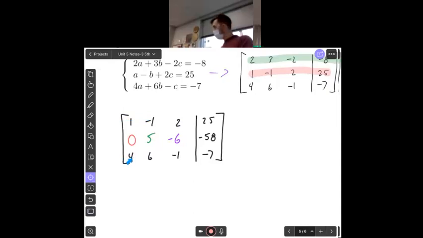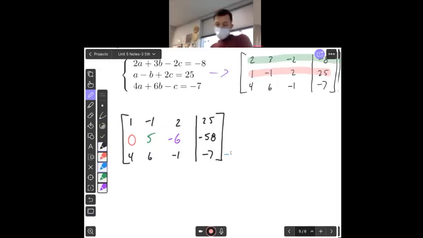So this step is going to essentially be like the last step. I'm going to multiply this row by -4 this time, and then I'm going to add it to this row. So the only way to get this to be a 0 is to take that times -4 and then add it to that. So we don't really have a choice here. That's the only way to do this. So just recognizing that. So -4 times row 1 plus row 3 will give me a new row 3 that won't have an x value there.